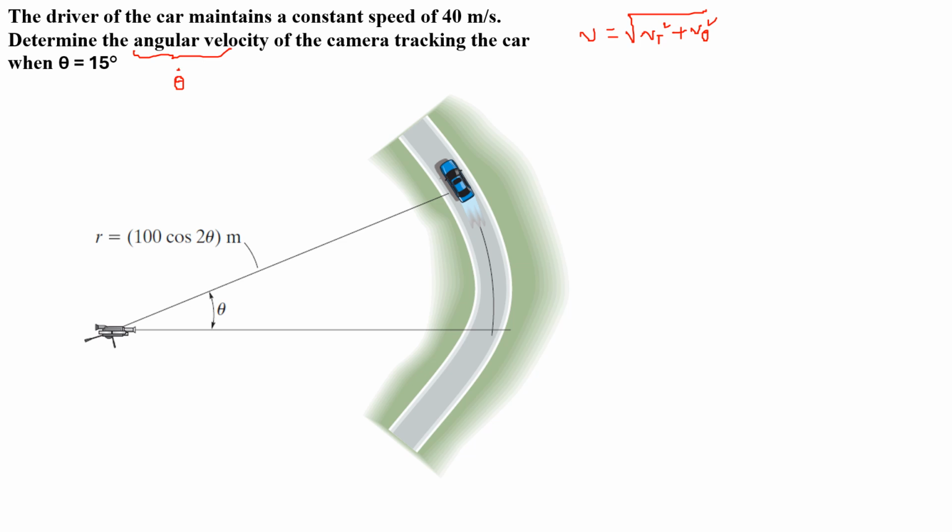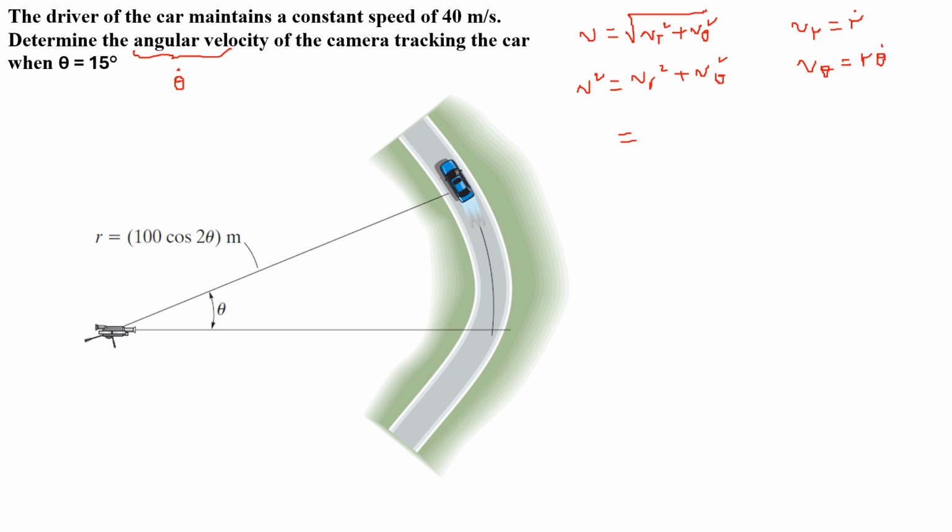So now let us break down this formula. I'm going to square both sides, so I have v square equals vr square plus v theta square. Now vr in the polar coordinate, let me remind you, is simply r dot, and v theta is r theta dot.